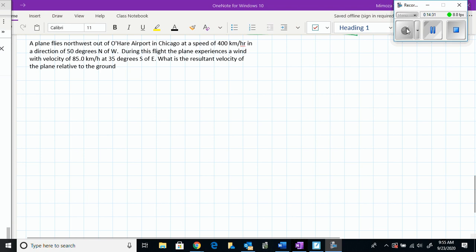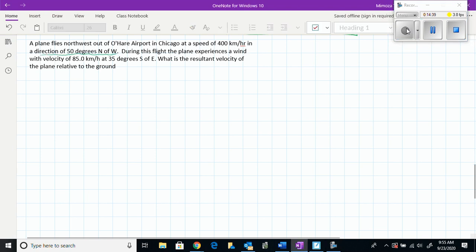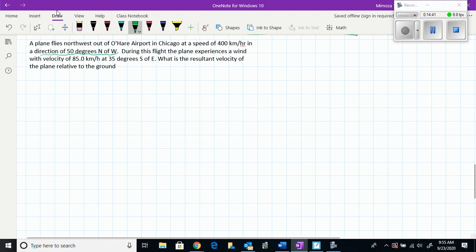Okay, so what we have in this case is a plane that is traveling at 50 degrees north of west at 400 kilometers per hour, and it is experiencing a wind with a magnitude of 85 kilometers per hour at 35 degrees south of west.